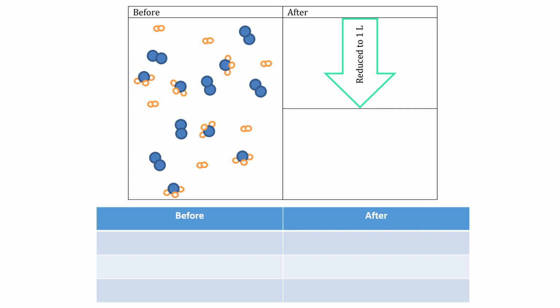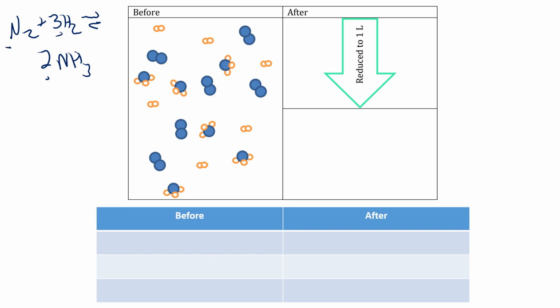So this is my work for this particular problem. Just a reminder that my equation was N2 plus 3H2 produces 2NH3. So I'm focusing on my coefficients for a reason.